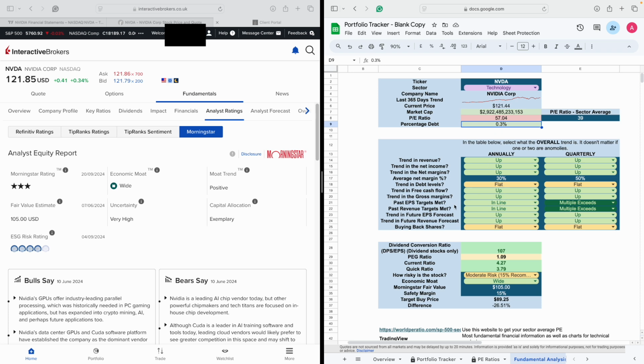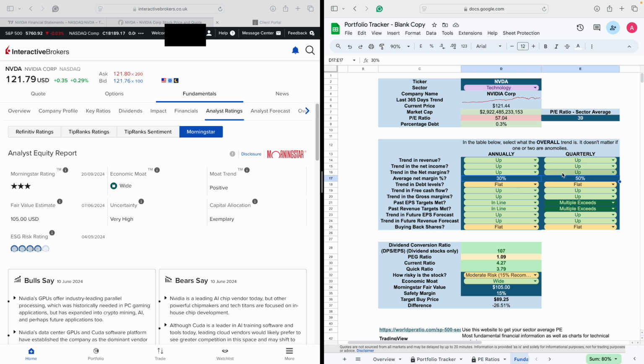On the other hand, you've got things like the revenue. Is it increasing? That's important to me. If I'm investing in a growth company, I need to be confident that the revenue is increasing. And same with the margins as well. There's no point earning a lot of money, but then if you're wasting a lot of the money, there's no point. So things like that are important to me, and it helps me make a decision.